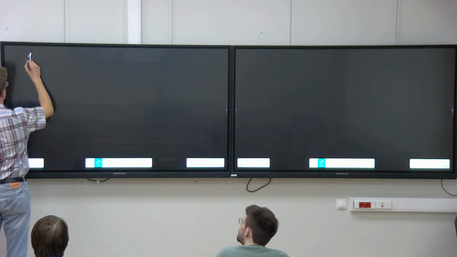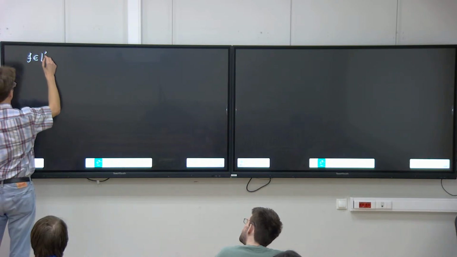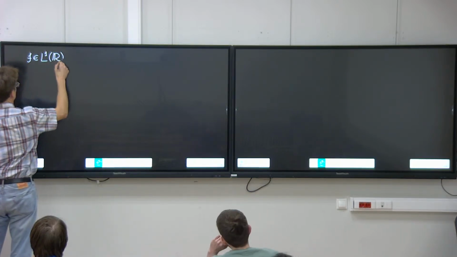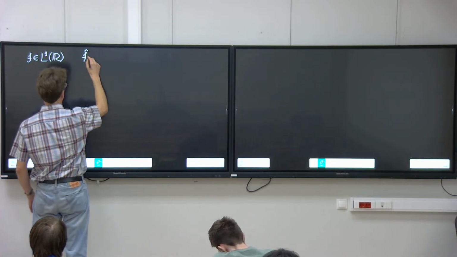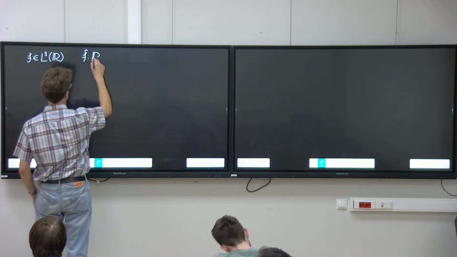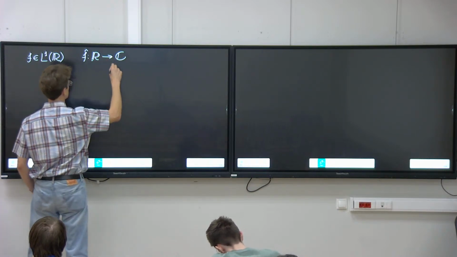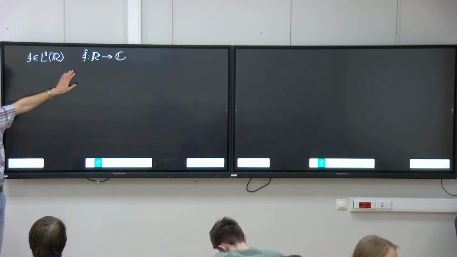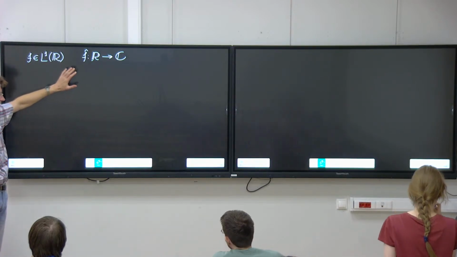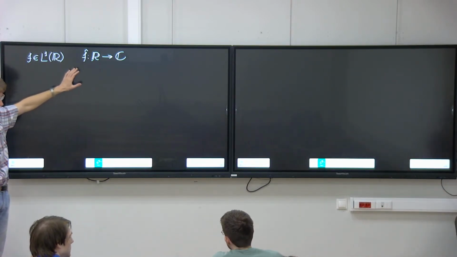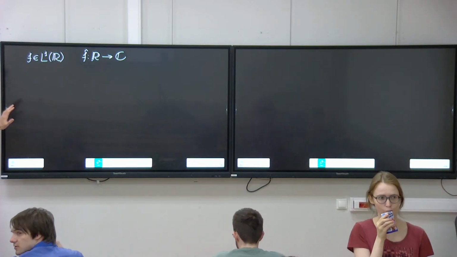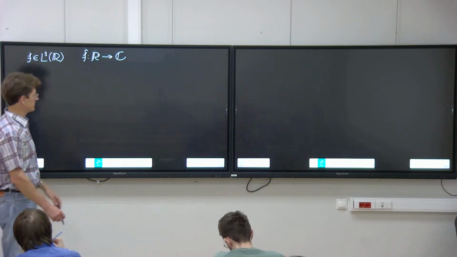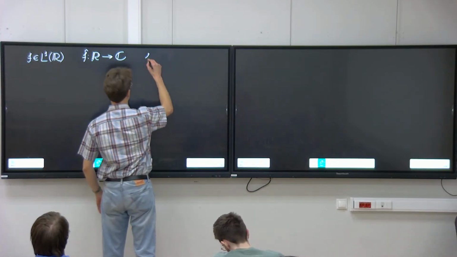If f is an integrable function on the real line, then we define its Fourier transform to be a function f hat, also defined on the real line. So it is defined on the same group for the simple reason that R is self-dual. So the dual of R is identified with R. So f hat is defined on the real line by the following formula.